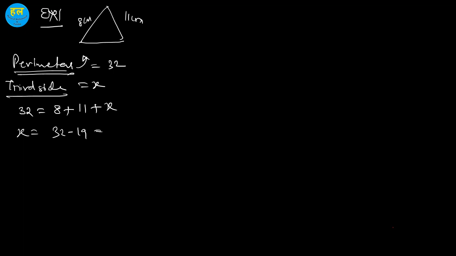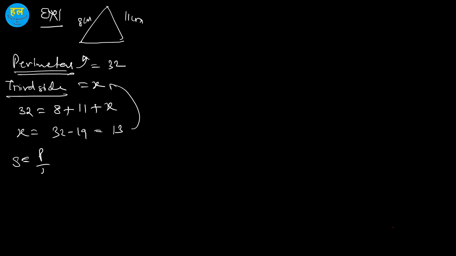So it will become 13. So our third side will be 13. Okay. Again, now to put Heron's formula, we have to find S, that is semi-perimeter.